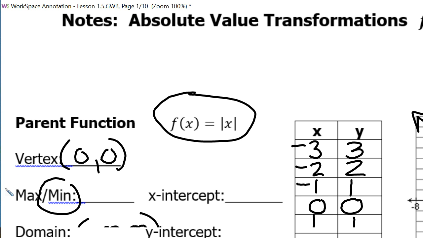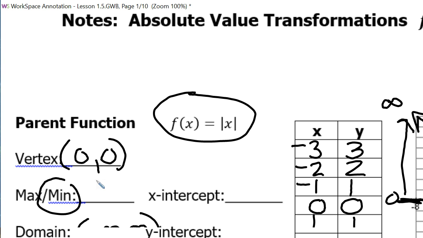So looking at the vertex, what is the y value down here? 0. And the y values go all the way up to infinity. So the range is going to be 0 to infinity. 0 gets a square bracket because we can touch the 0, and infinity gets the parentheses.